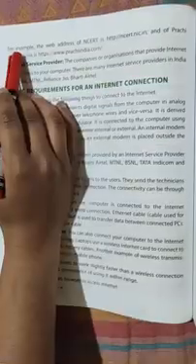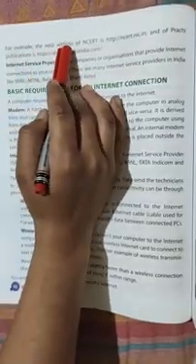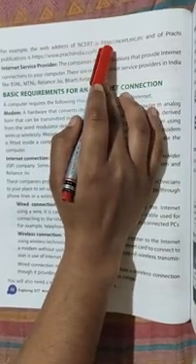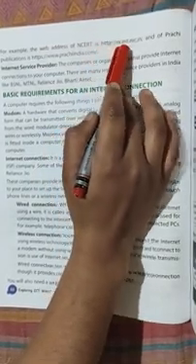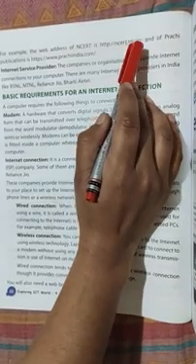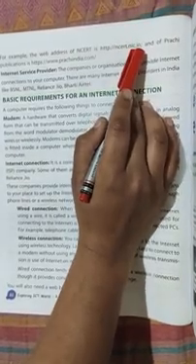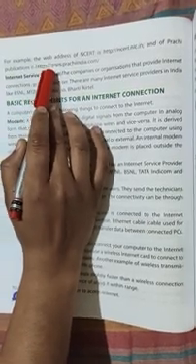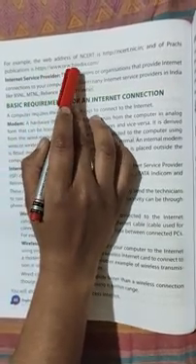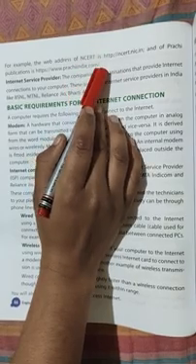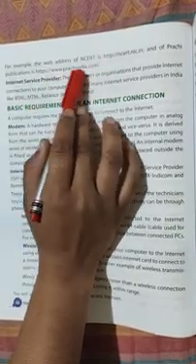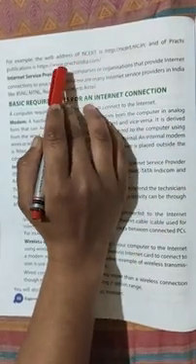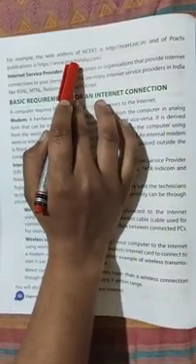For example, the web address of NCERT is http://ncert.nic.in and of Prachi publication is https://www.prachiindia.com. This is the address of Prachi publication and this is the address for NCERT. The address means URL.